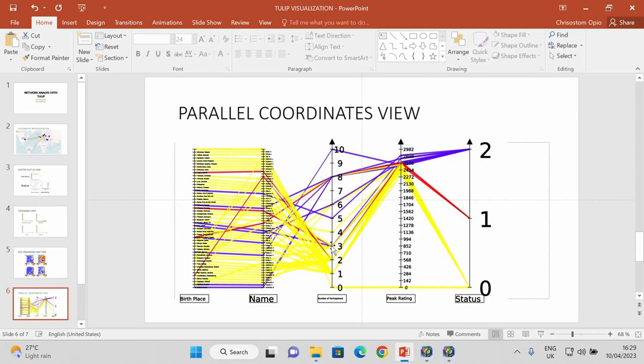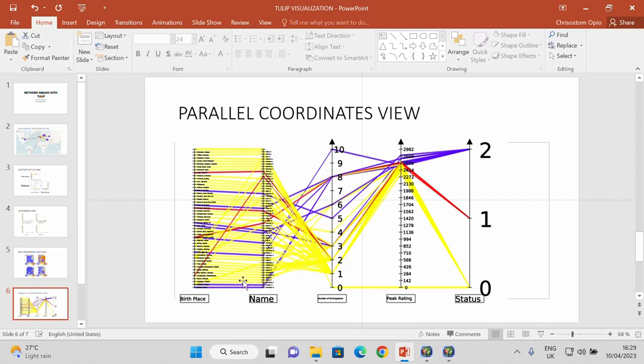So meaning they participated in three competitions or championships and above, and you will also see that they are usually rated highly. So this one clearly brings it out. Then for the red people, you find that the least number of competitions they participated in is 2, and above. They are also rated somehow highly.